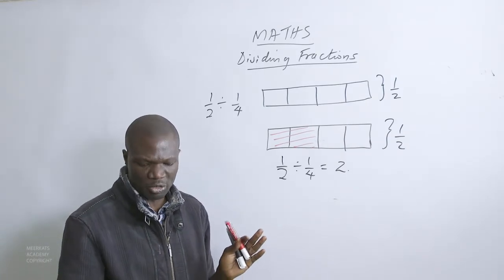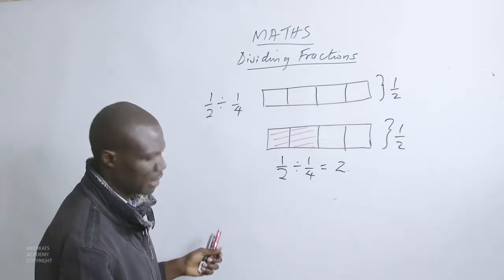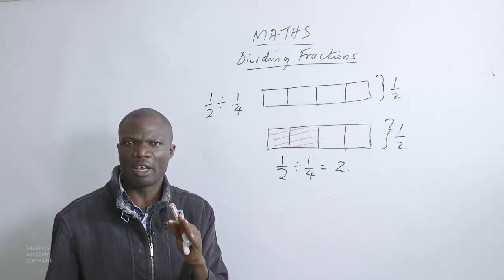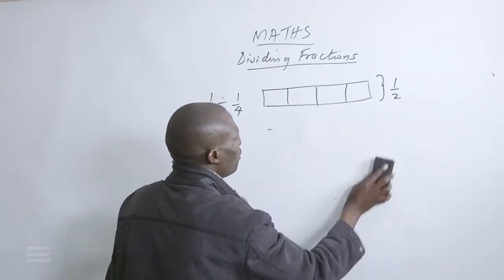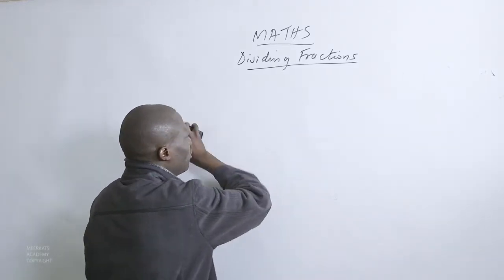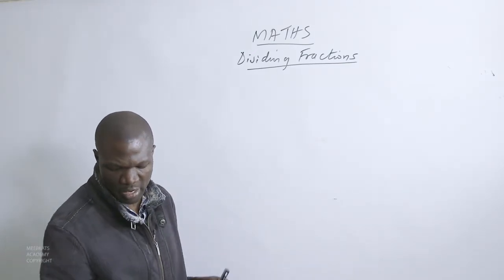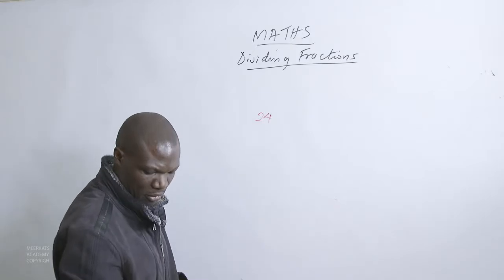There are so many situations where this division of fractions exists. For example, let us take a packet containing 24 lollies.